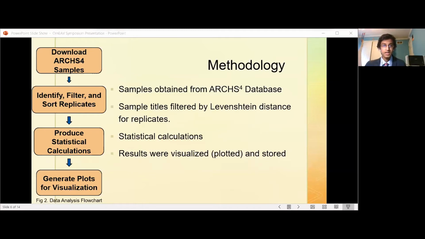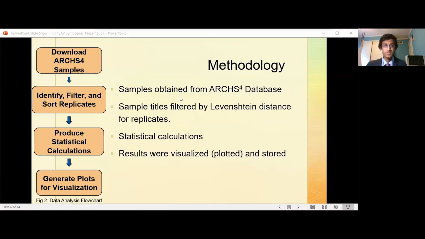It means the amount of single character edits it takes to change one word into another. For example, if you want to change cat into dog, it takes 3 single character edits to do that. You're changing the C to the D, A to O, and T to G to get from cat to dog. And so the Levenshtein distance between those two words is 3.